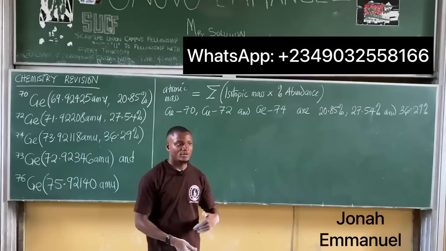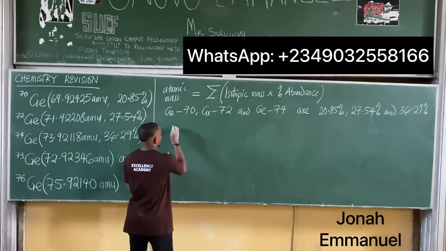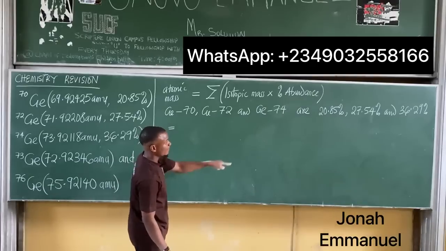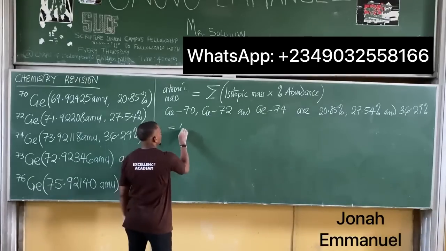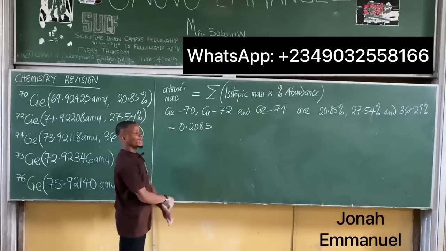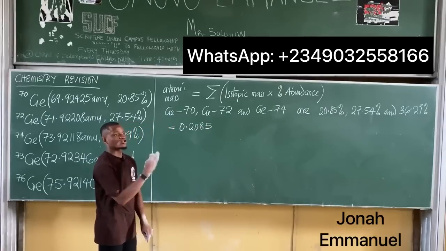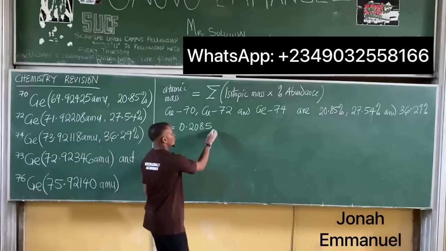Just follow me up. Convert to decimal. 20.85% becomes what there? 0.2085. How? Divided by 100. Of course, 2% is 2 over 100. That's the concept.